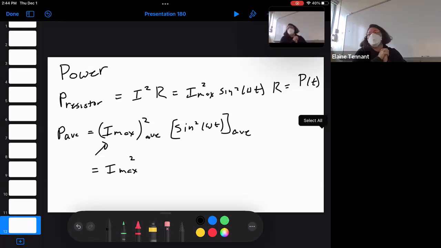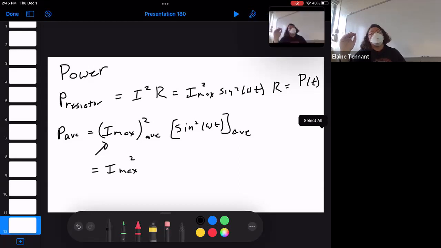What's the maximum value of sine squared? What's the maximum value of sine? Just one. Okay, and what's 1 squared? 1. Okay, so the maximum value of sine squared is 1. What's the minimum value of sine squared?